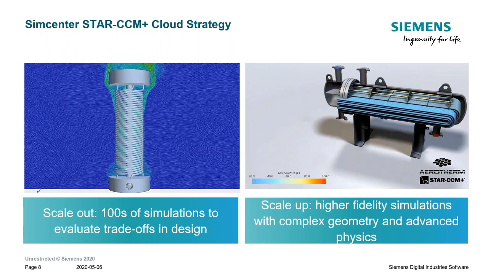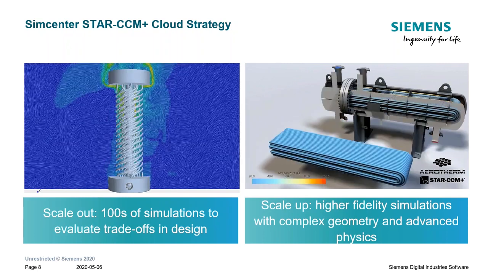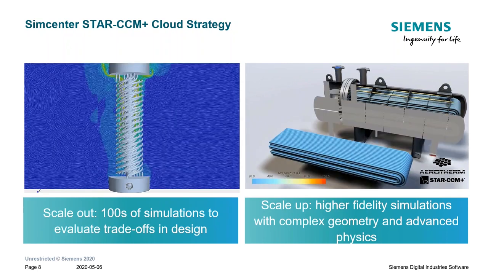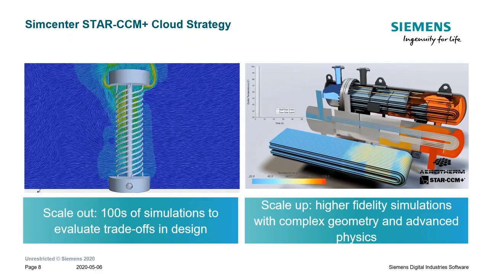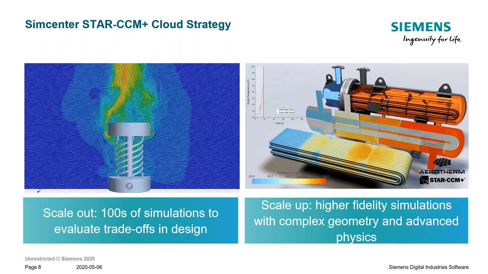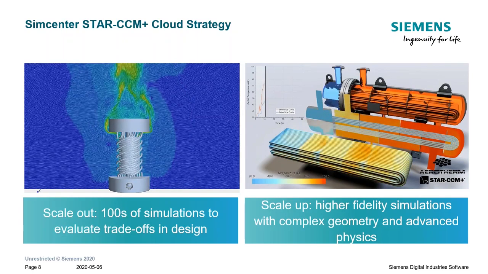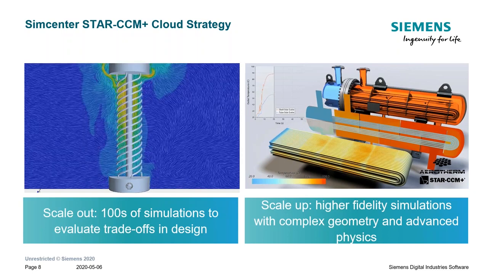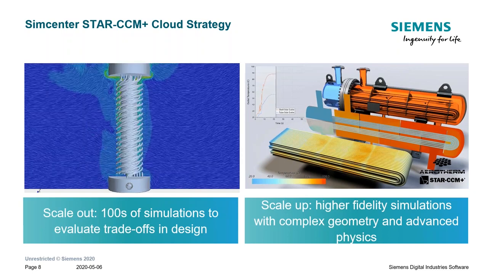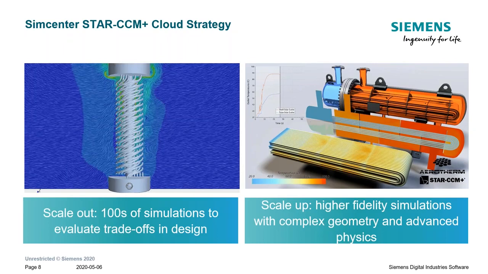With the cloud and with Simcenter CCM Plus, you can simulate many designs simultaneously and then find the best design with the best trade-off among the concurrent objectives. So that was the scaling out part.